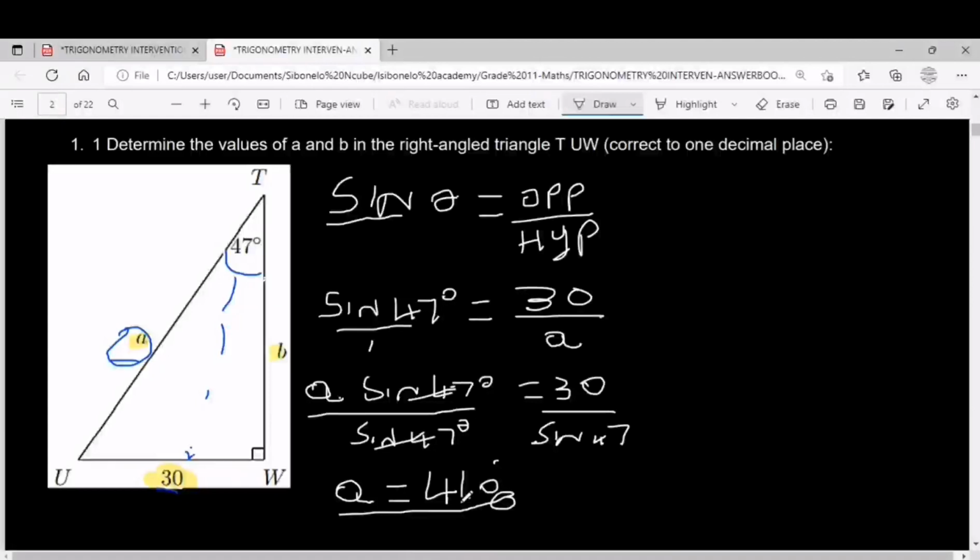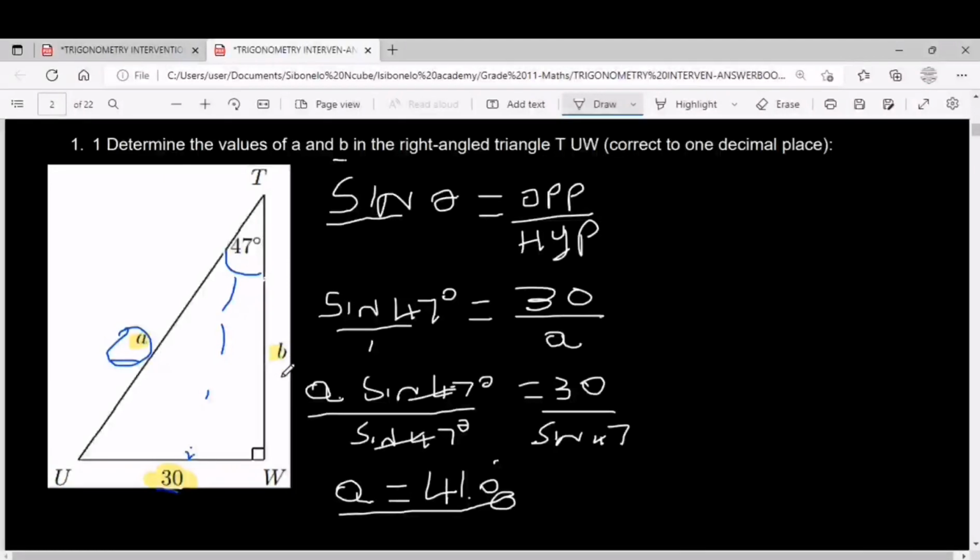All right, but let's also calculate the value of b. To get b we use the angle we were given, because you use what you have. In this scenario the angle is 47. With 47, the opposite is 30, and b is the adjacent.